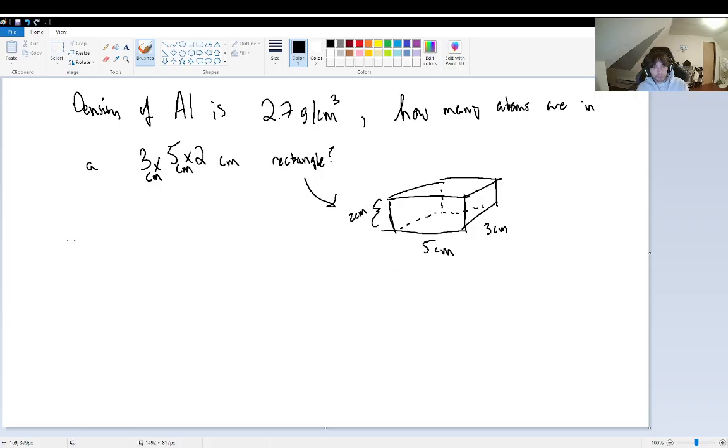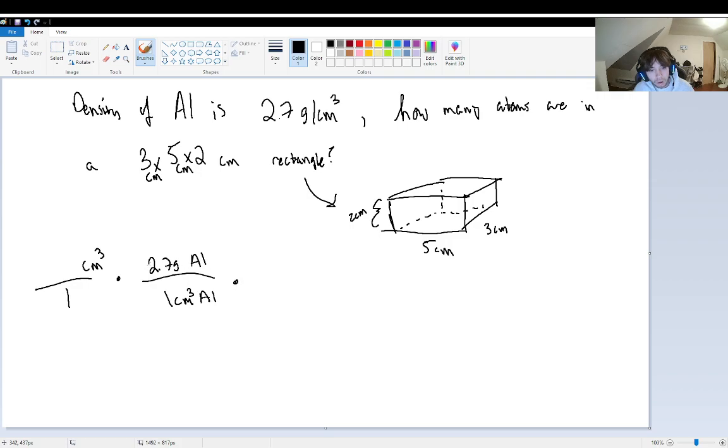So I have to get from volume to atoms. What I need to start with is centimeters cubed over 1. And I need to get from centimeters cubed to grams. So centimeter cubed Al is 2.7 grams Al.